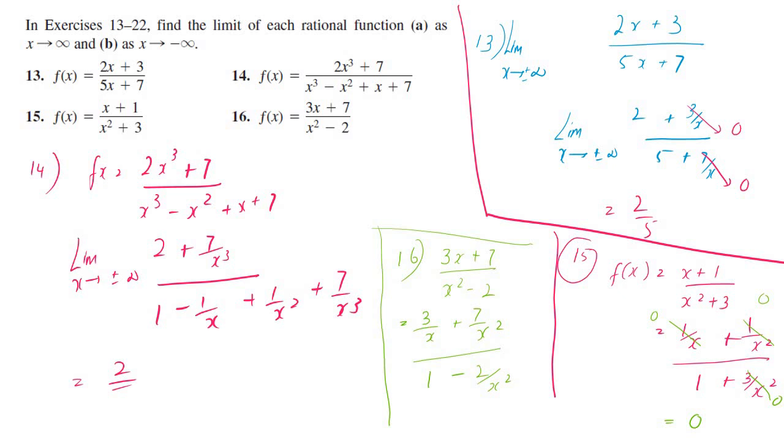We know from the past, from the graphs, we have seen graphically that as x tends to infinity, 1 over x tends to 0. So 3 over x tends to 0. As x tends to infinity, 1 over x squared tends to 0, so 7 over x squared tends to 0. This term tends to 0 as well. So we have an answer of 0.